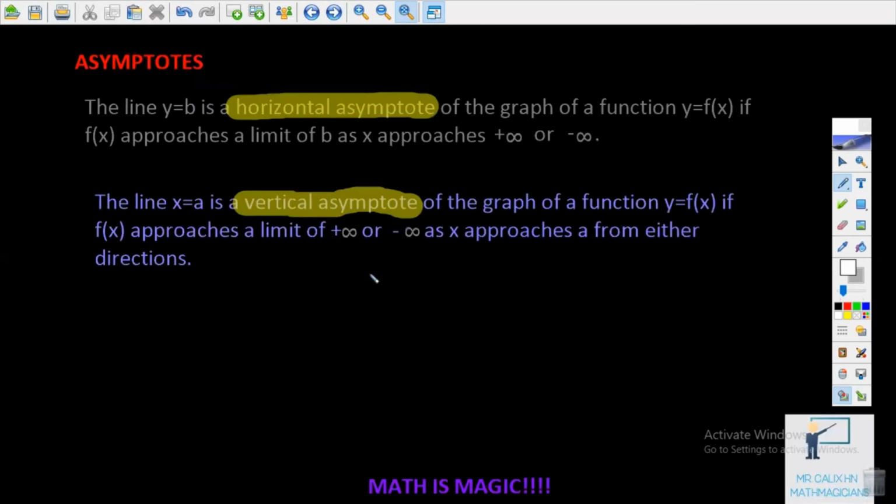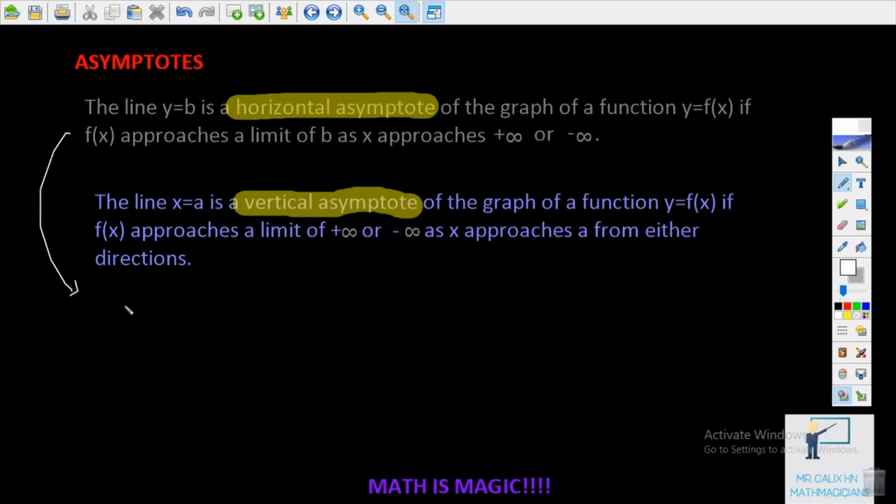Let's continue now with asymptotes. The line y is equal to b is a horizontal asymptote of the graph of the function y is equal to f of x if the function approaches the limit b as x approaches positive or negative infinity. You have some limits that you can write here.